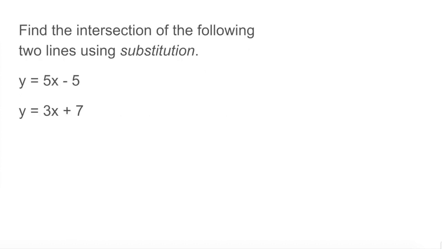Here we're going to use the substitution method to solve this system of linear equations. We have two equations that happen to be in the y equals, slope-intercept form. And that makes it really easy because we can simply substitute this for y into the other equation.